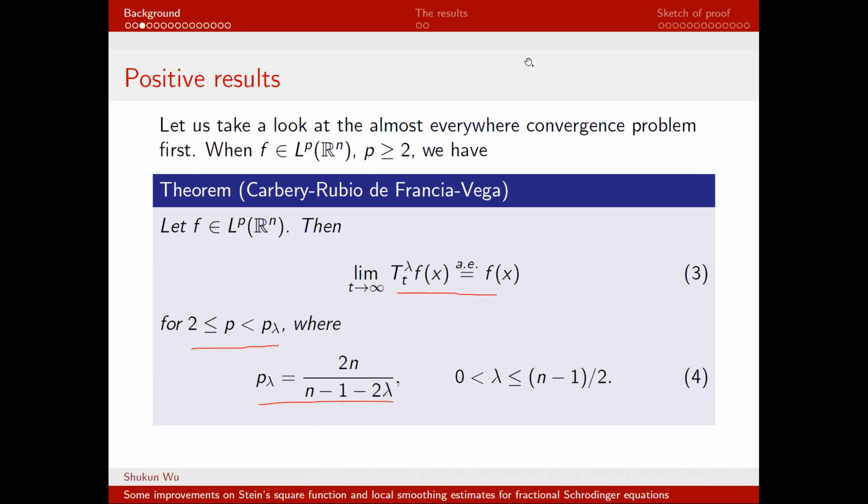A little remark here is that this result is sharp for the endpoint P lambda. So when P is greater than 2, the almost everywhere convergence for the Bochner Riesz mean is completely settled.